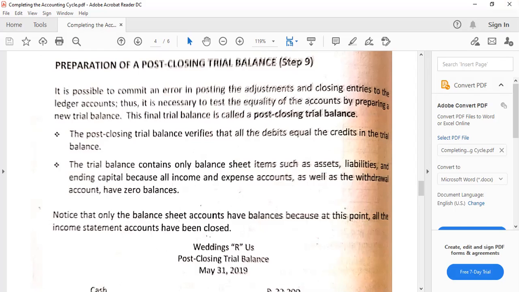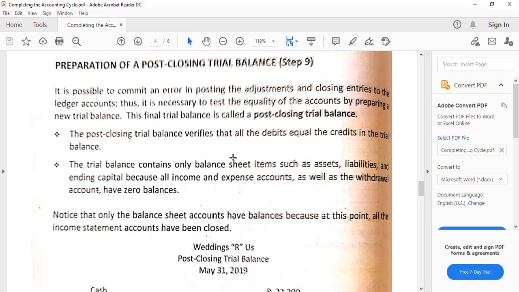Now, we have to be careful, just like with the trial balance, about the placement of the account titles, that what is a debit balance should be placed on the debit side as well as the credit balance, and so on and so forth. So those are some issues from the trial balance that we can carry forward.